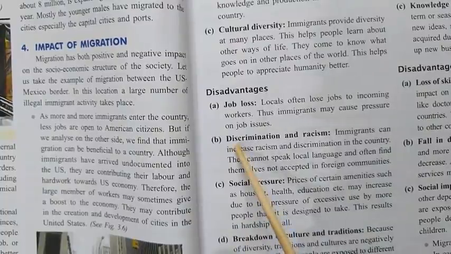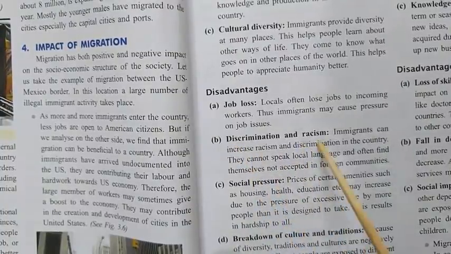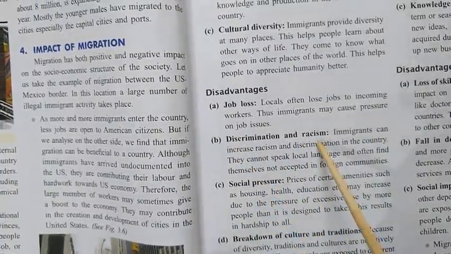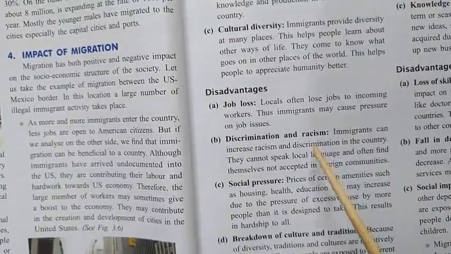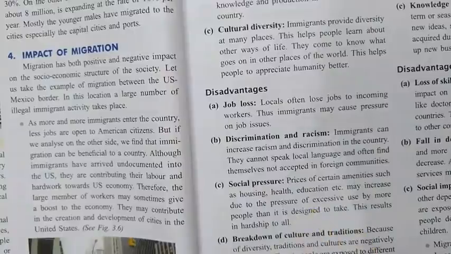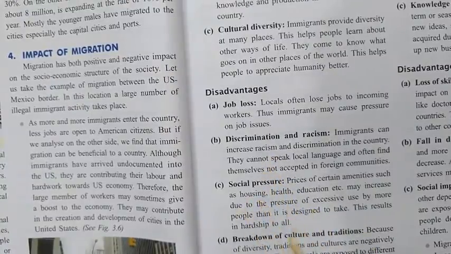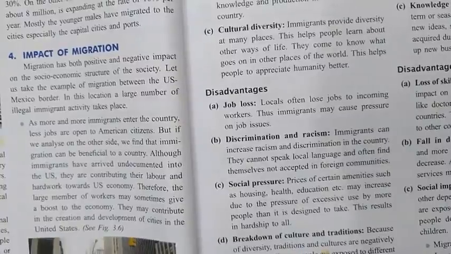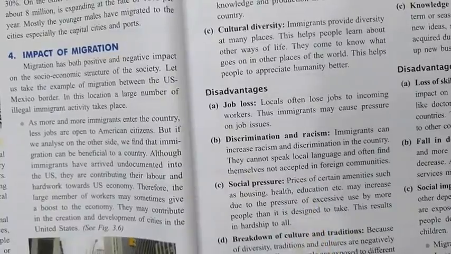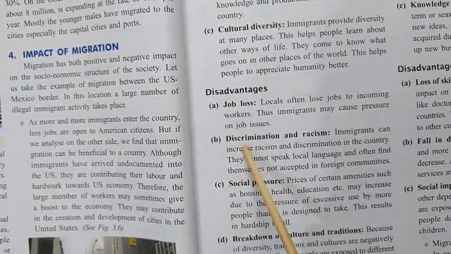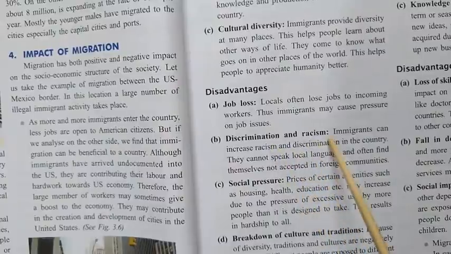Next is discrimination and racism. Because of this, a jealousy starts creating, or you can say ill will, ill feeling starts developing in the hearts of these local people, and that leads to discrimination and racism.